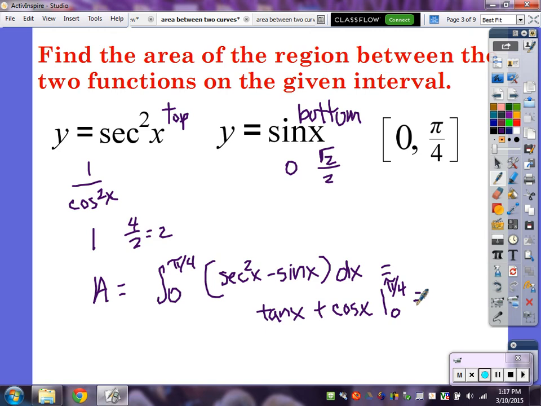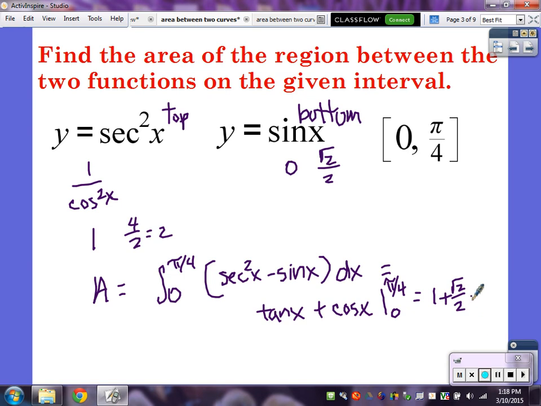So tangent of pi over 4 would be sine of pi over 4 over cosine of pi over 4. Well, both of those equal square root of 2 over 2, so that would equal 1. Cosine of pi over 4 is square root of 2 over 2, and then minus tangent of 0, which is 0, cosine of 0, which is 1.